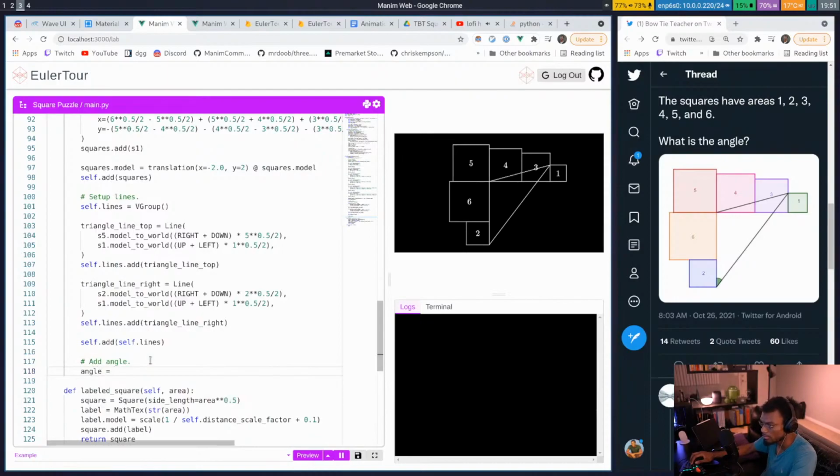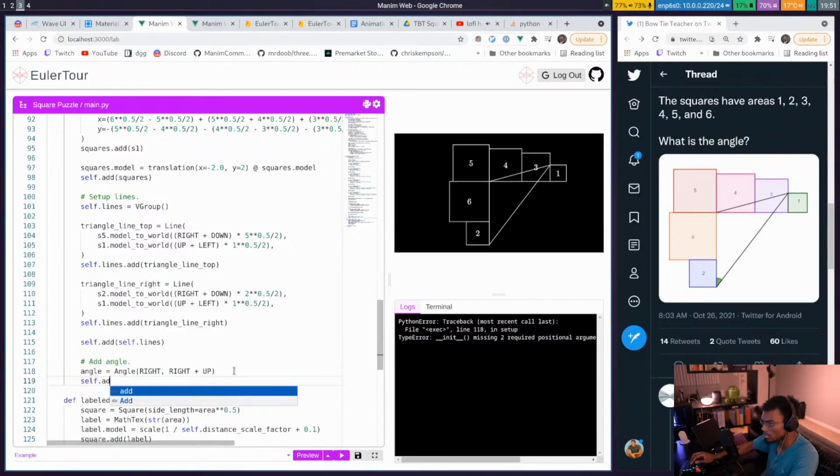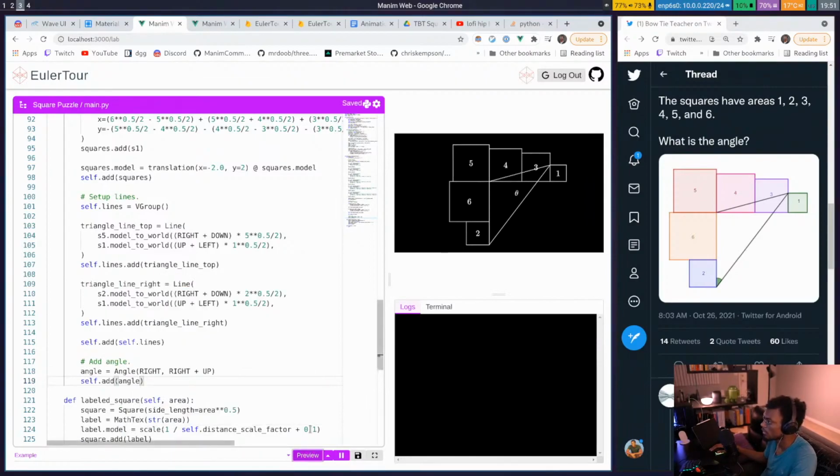Angle equals angle. I'll just put in right and then right plus up. Okay, so I think this is doing what I expect. I think.